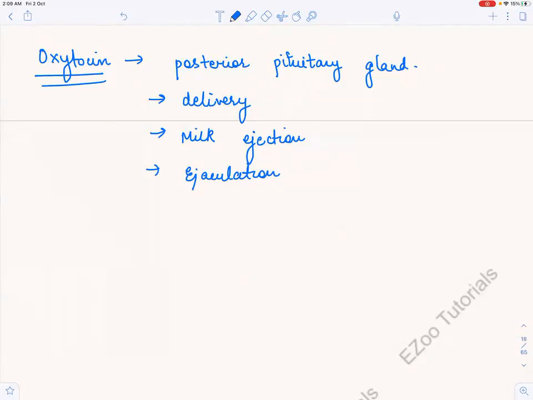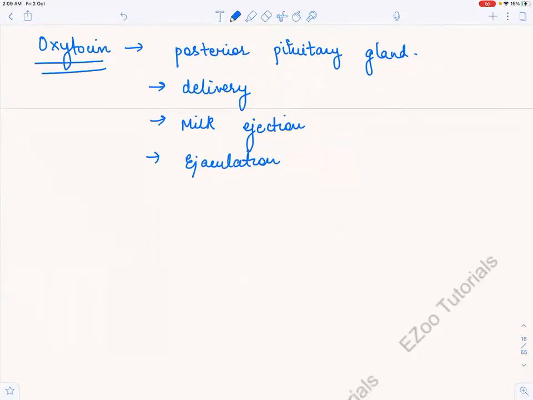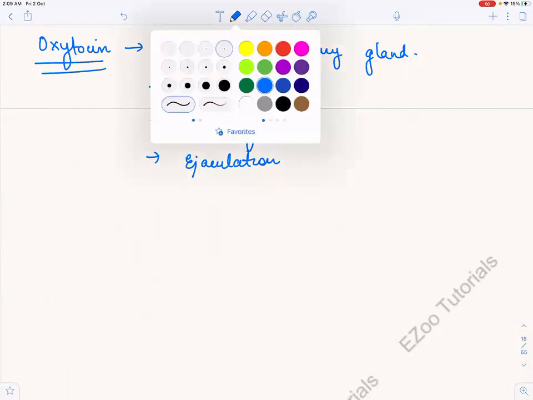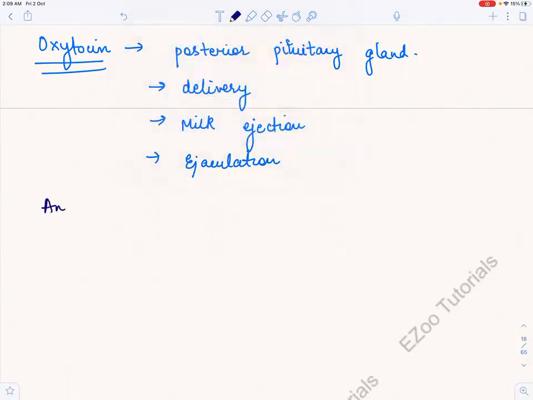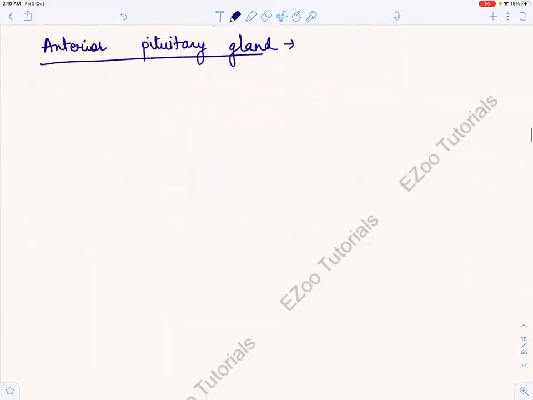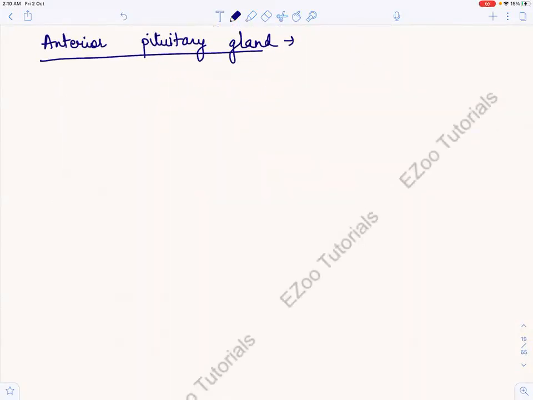Now let us come to the hormones secreted by the anterior pituitary gland, right? फटाफट याद करके बताओ आपने कौन से ऊपर हार्मोन्स याद करे जो एंटीरियर पिट्यूटरी ग्लैंड में सिक्रीट होता है. तो बेसिकली हमने कहा था कि we will also see the cells. So what are the 5 types of cells that secrete these hormones? So these 5 types of cells are somatotrophs, thyrotrophs, gonadotrophs, lactotrophs, and corticotrophs.